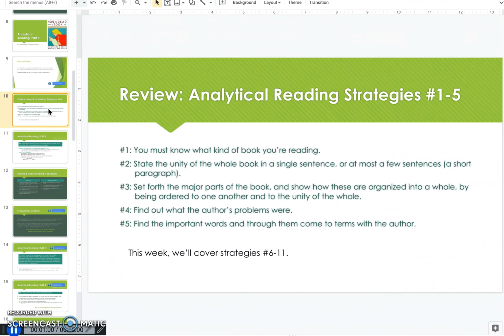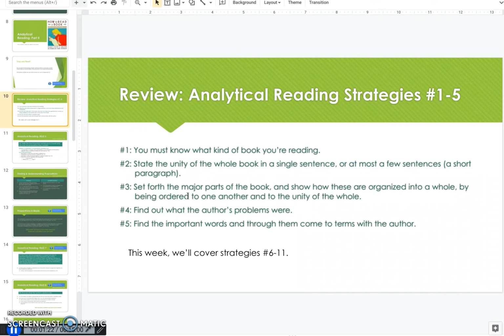All right, so now that you've read the Baylis article, I want us to review a little bit the analytical reading strategies 1 through 5 that we did last week, because this week we're going to cover strategies 6 through 11. So remember, strategy 1 was you must know what kind of book you're reading. That was either practical or theoretical. You should state the unity of the whole book in a single sentence.